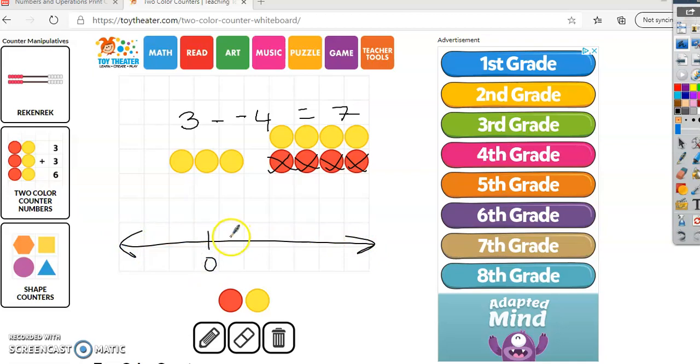So where did I start on the number line? I started with a positive 3. 1, 2, 3. Minus negative, if I don't know which way that is, I'm going to look here. What was my final answer? It was 7. So 3, 4, 5, 6, 7. So I started here. I ended at 7. So I actually moved forward.